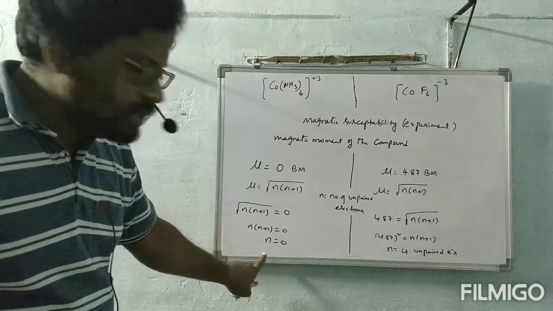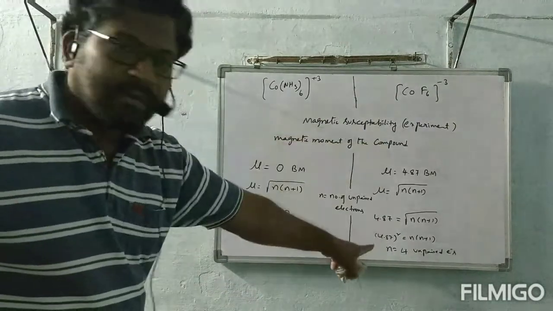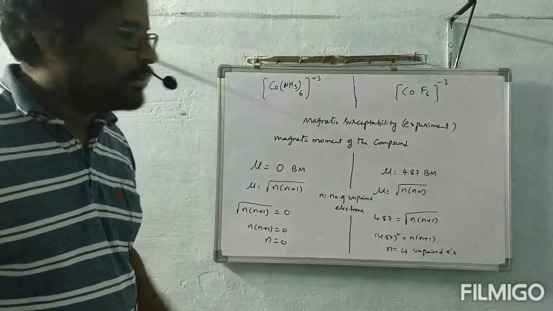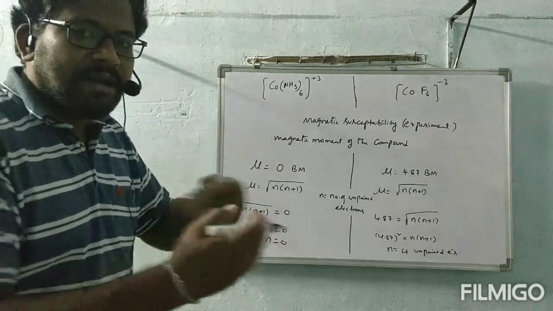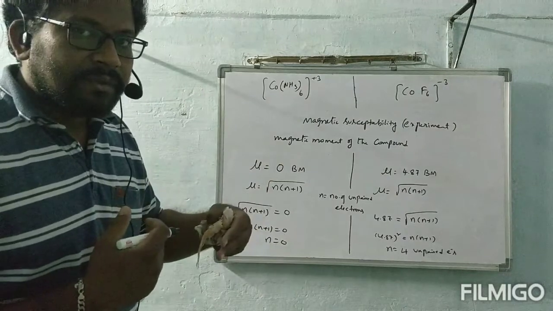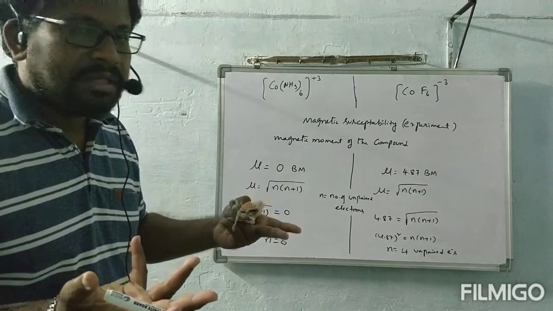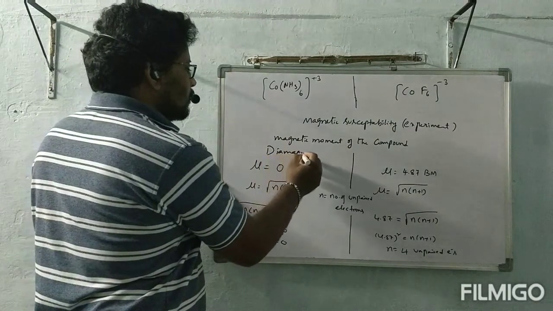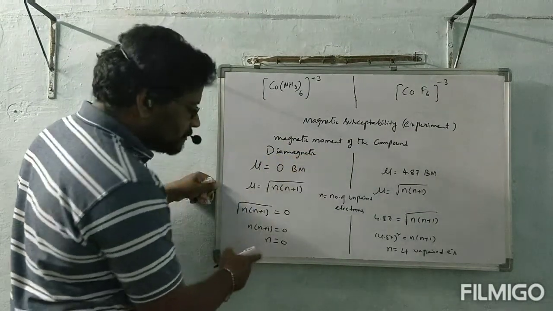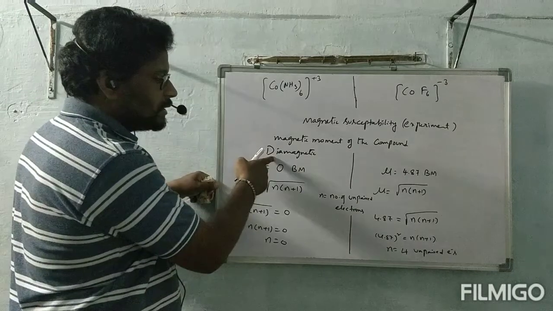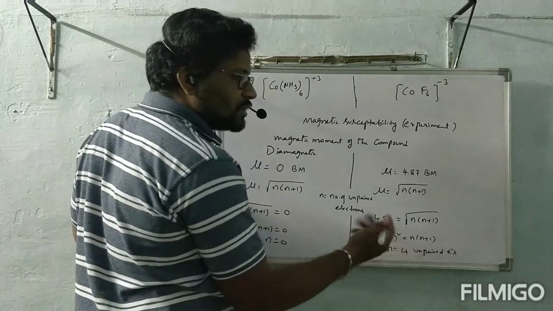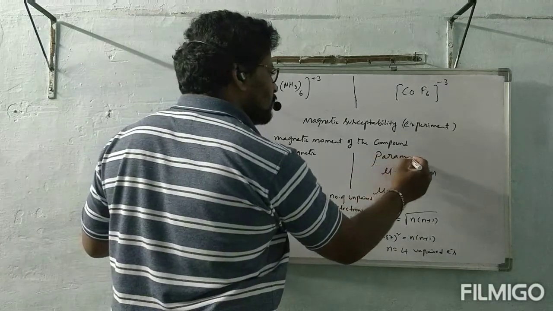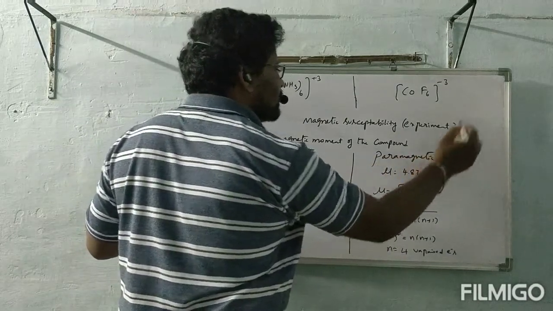This is experimental value only. To satisfy this experimental value, valence bond theory explains this model by pairing of electrons. By pairing, 0 unpaired electrons are present. This comes under diamagnetic. If 0 unpaired electrons are present, that is diamagnetic. If any one unpaired electron, 2 or 3 or 4 are present, then this is paramagnetic.